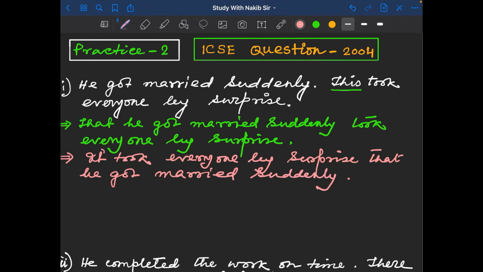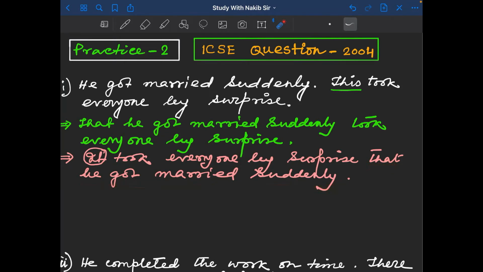Okay, this is the formal subject, the positional subject, and this one is the postponed subject you have learned. So your combined sentence is: that he got married suddenly, took everyone by surprise, or this one, it took everyone by surprise that he got married suddenly.